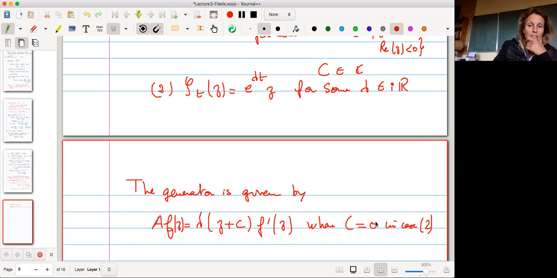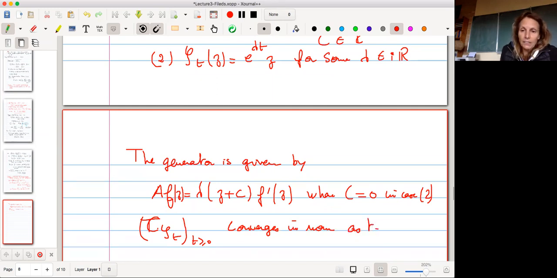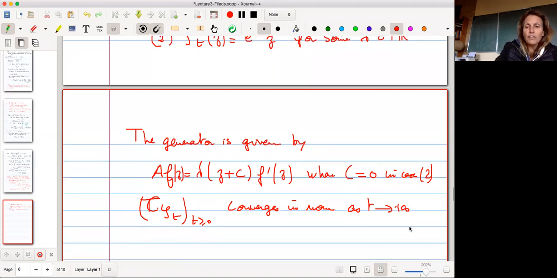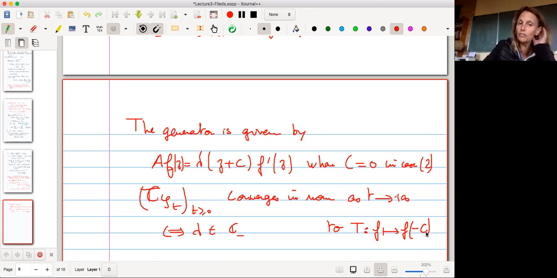And in this case, C phi t converges in norm as t tends to infinity if and only if lambda is in C minus, and it converges in norm to T, the function which is the evaluation at minus c. So this is an obvious consequence of the discrete case.